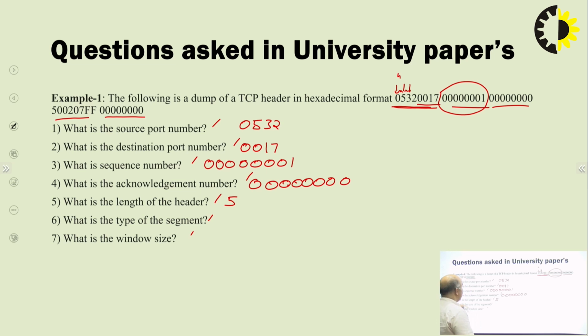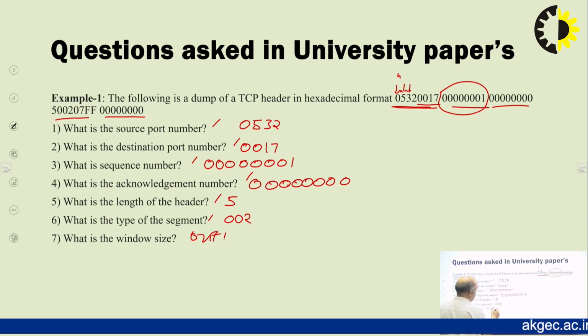So, 5 is your header length. Then we go for the segment type, where 002 has to be converted into binary in order to identify what kind of flags are set. Then we have 07FF to determine the window size.